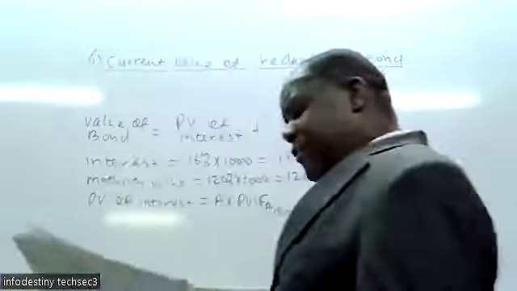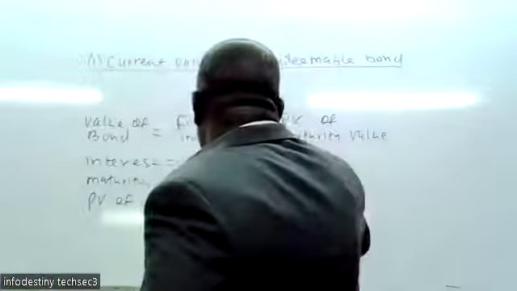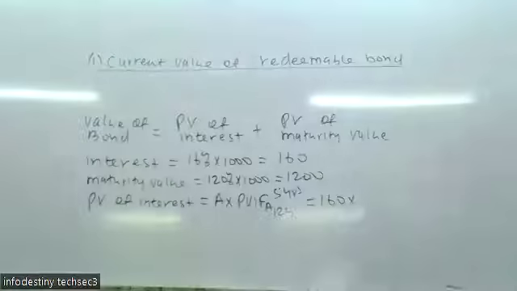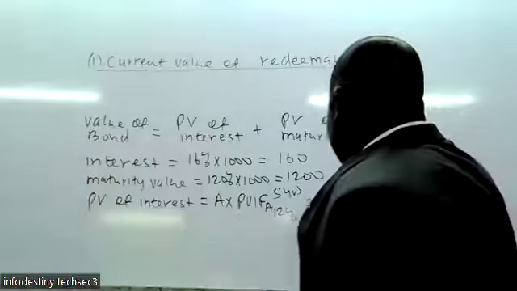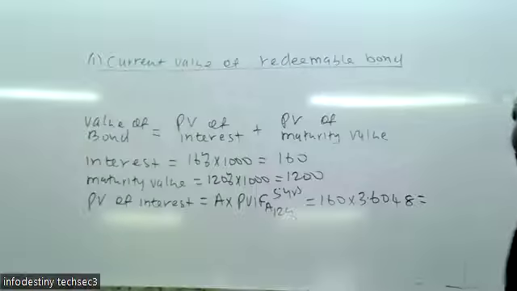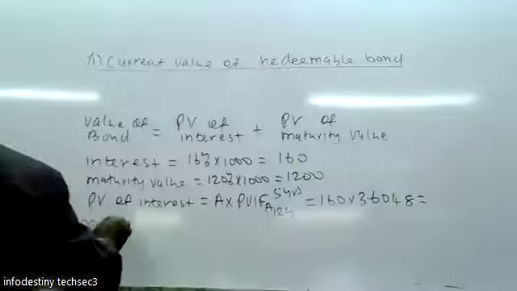It matures after 5 years. So take 160 times the factor at 12% in year 5, which is 3.6048.